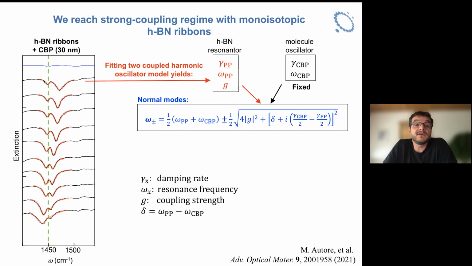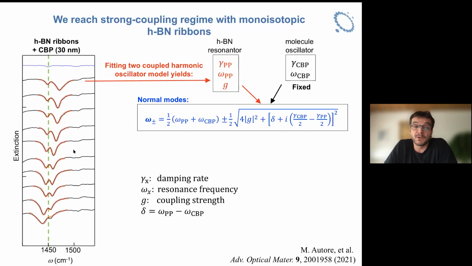And as you can see here, the red lines extremely nicely fit the black curves, which are the experimental spectra. And from this fitting, we can actually extract the eigenmode frequencies. I want to point out here that it's not the dip splitting that gives us information about the peaks. Very often it's the case, but if we are close to the strong coupling limit, we really need to derive the eigenmodes, not the dips.